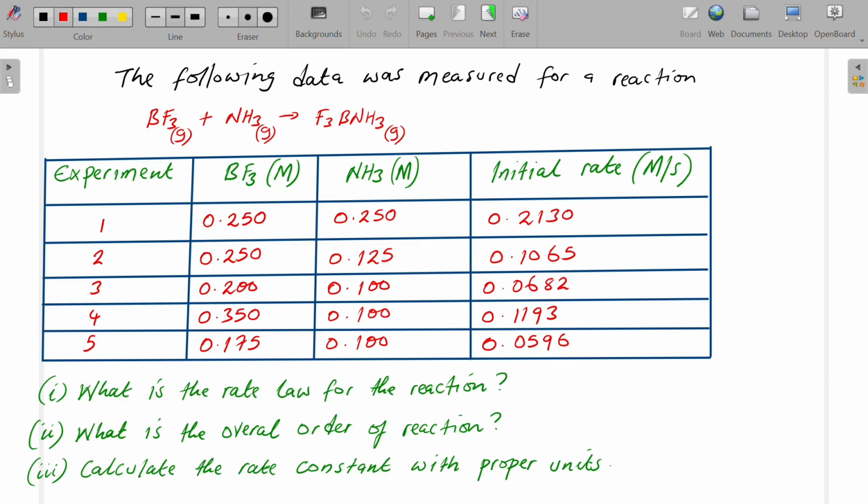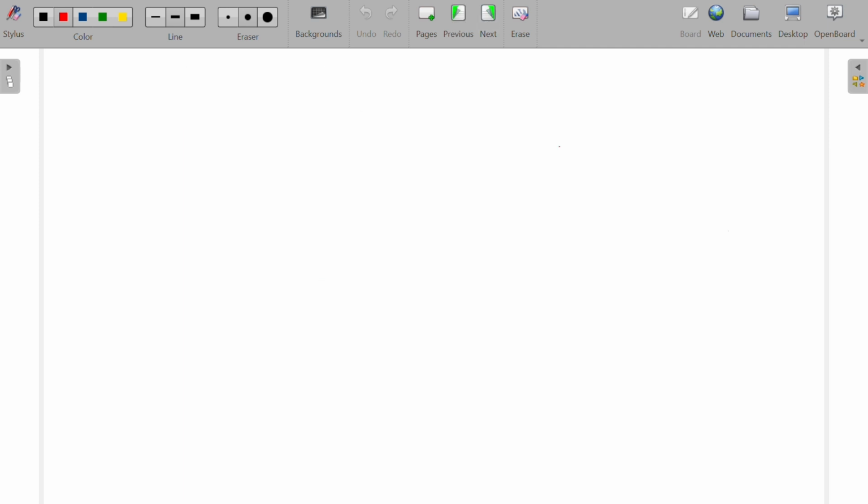Now, in order for us to determine the rate law for a reaction, we need to understand this concept. For example, if we have a chemical reaction where A is changing into B like that, the rate law for this chemical reaction is going to be, now what we should understand is we are only considering the reactants, not the products in this case.